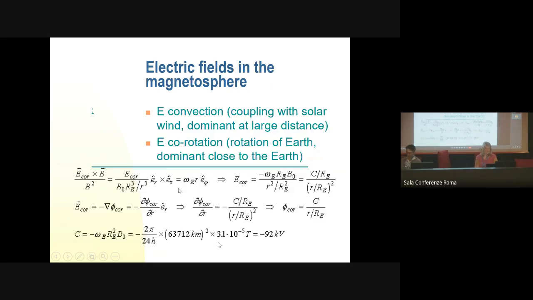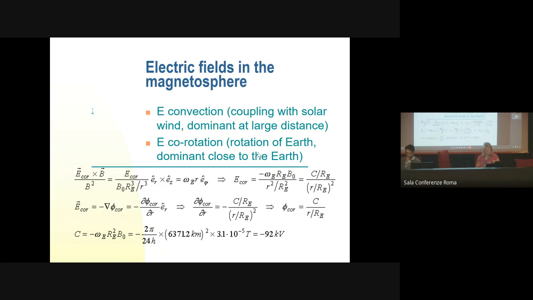In fact, this electric field plays a very important role for the co-rotation and for the plasmasphere itself. You have an interplay between the co-rotation electric field and the convection electric field that is due to the effects of the solar wind, and that will dominate at large distance. At low distance, it's the co-rotation that dominates.